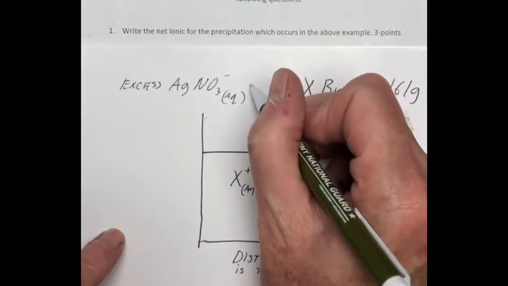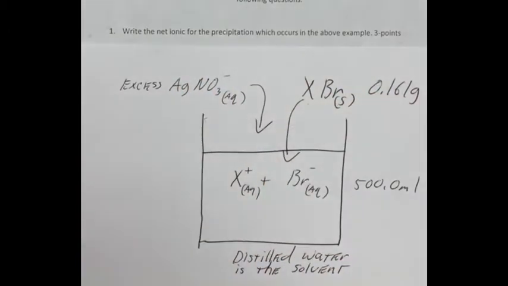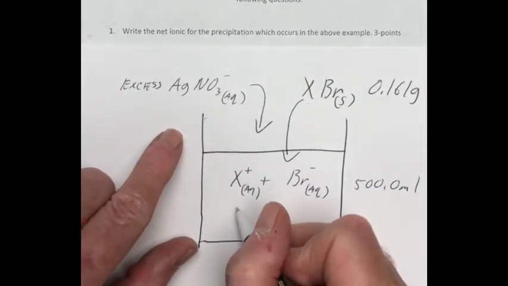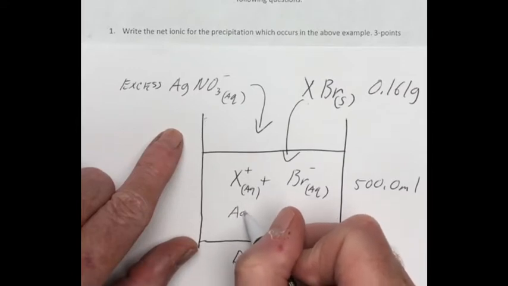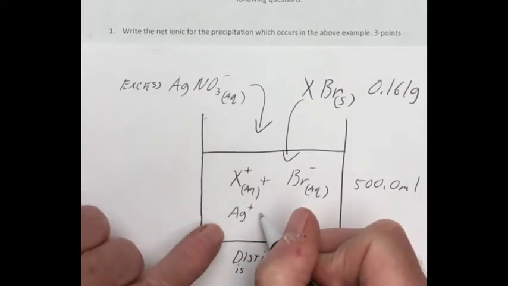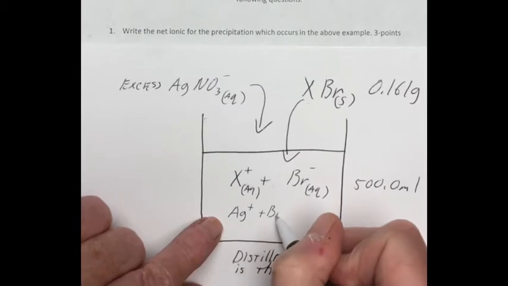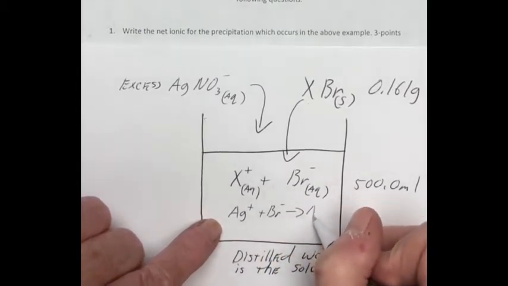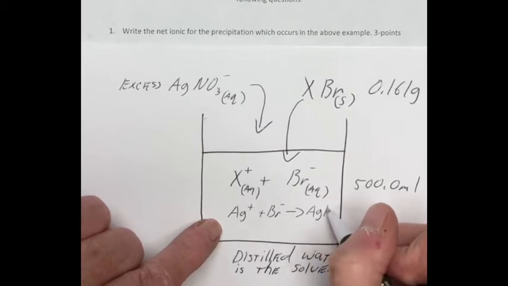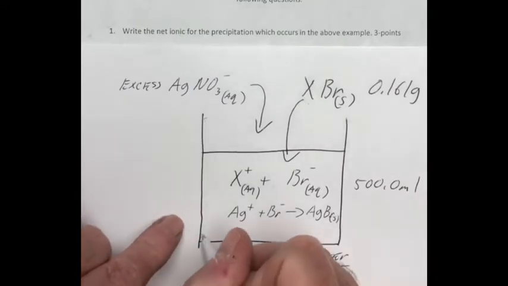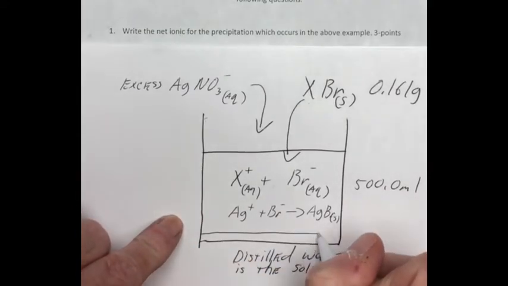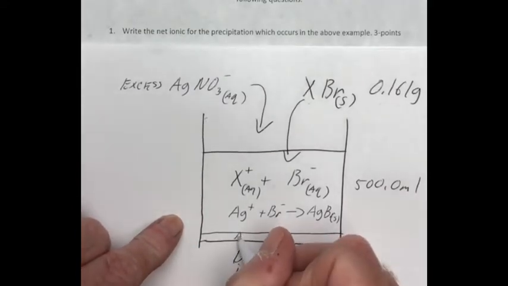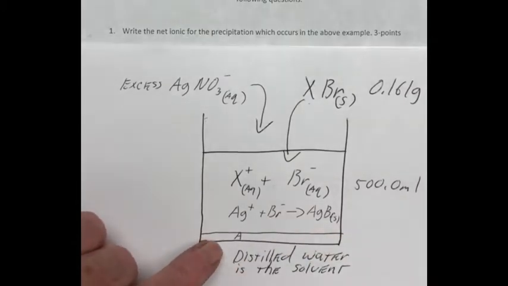Now, when we add this silver nitrate to this solution, the silver ions are going to collide with the bromide ions, and according to the solubility rules, we'll get a solid precipitate, silver bromide solid. And that silver bromide solid is going to settle down here at the bottom of the beaker.